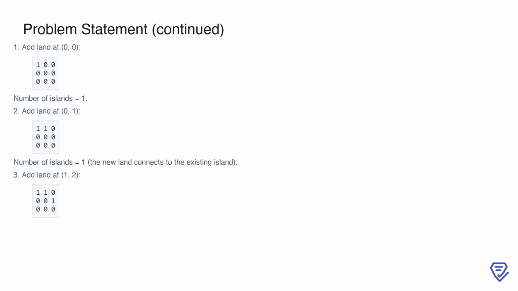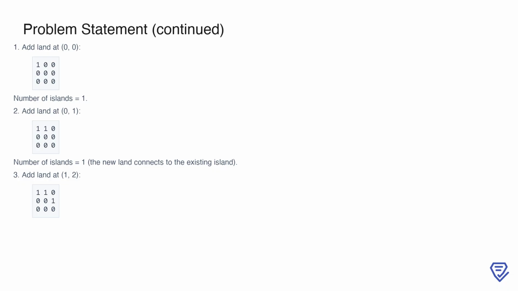First, we add land at position 0, 0. This creates a single island since there is one piece of land surrounded by water. The grid now looks like this: 1 in the top left corner, with the rest of the cells still 0. The number of islands is 1. Next, we add land at position 0, 1.